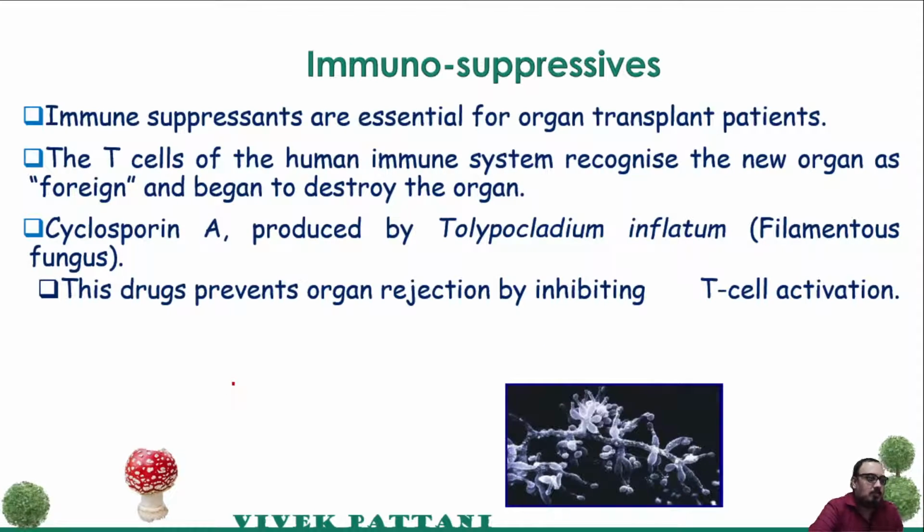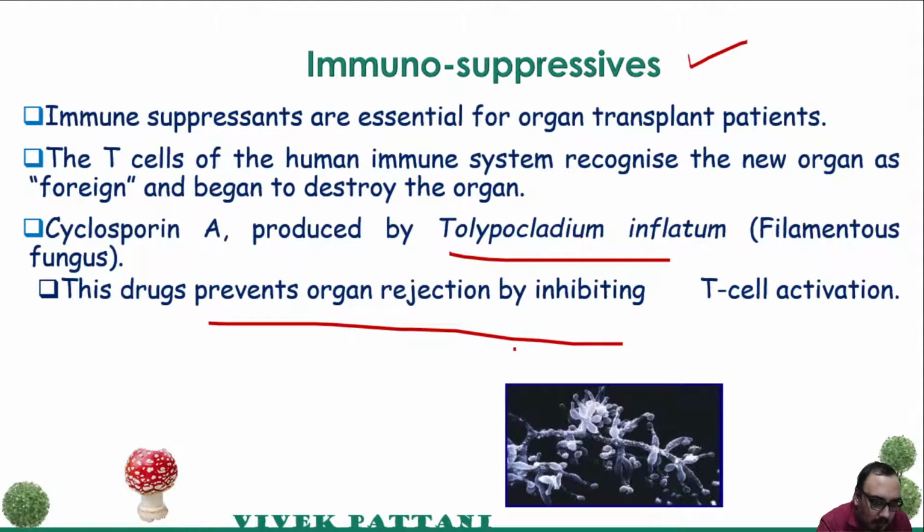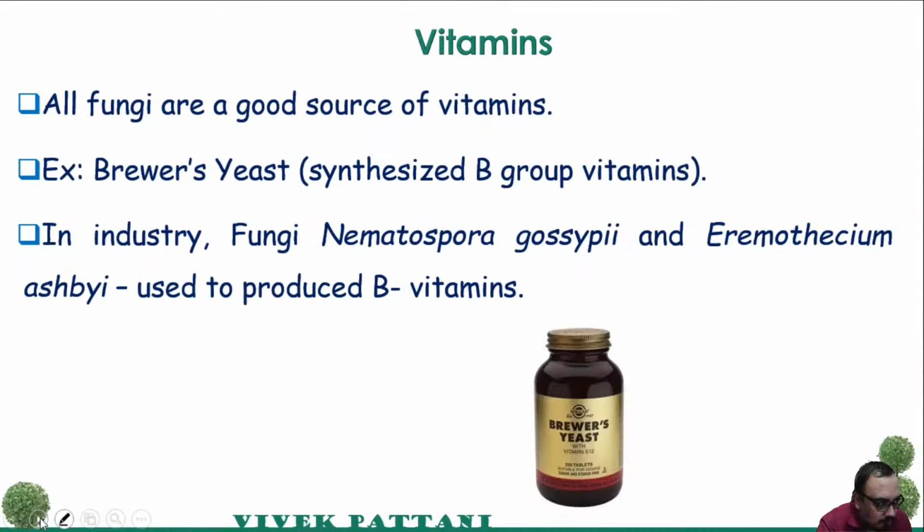Now as immunosuppressives, some of them such as cyclosporin A, which is produced by Tolypocladium inflatum, act as immunosuppressives. This drug prevents organ rejection in organ transplants by inhibiting T cell activation.